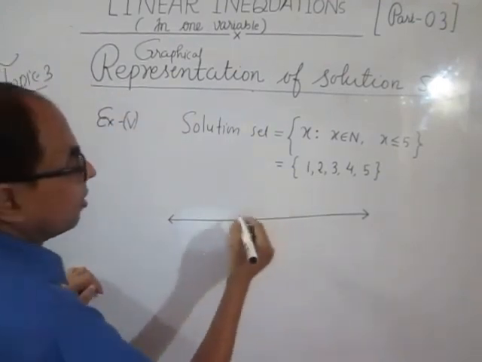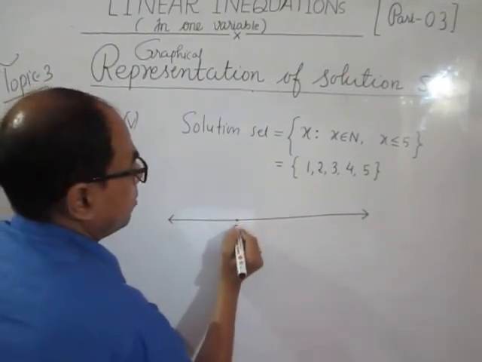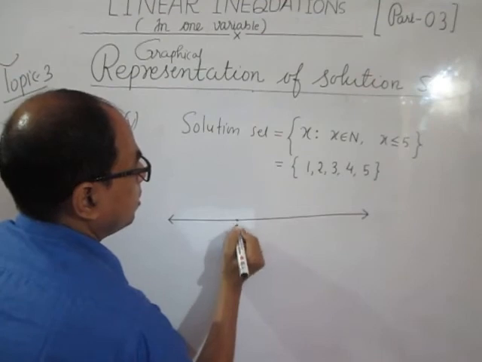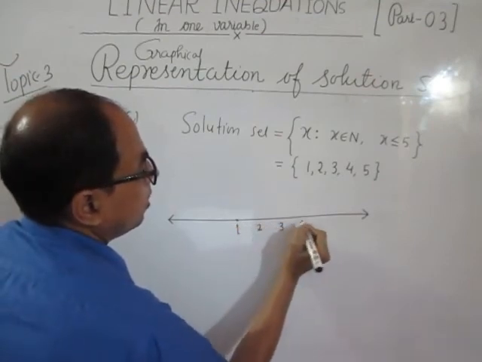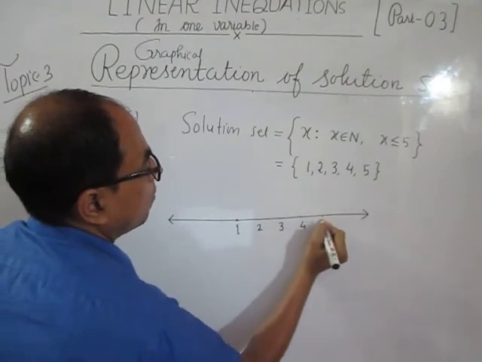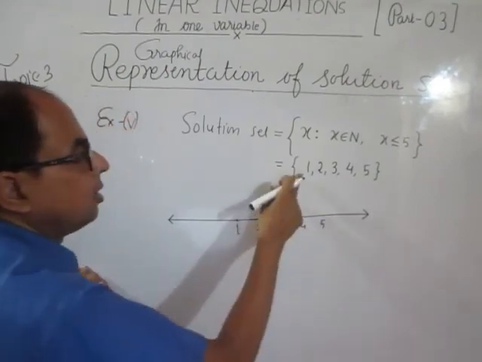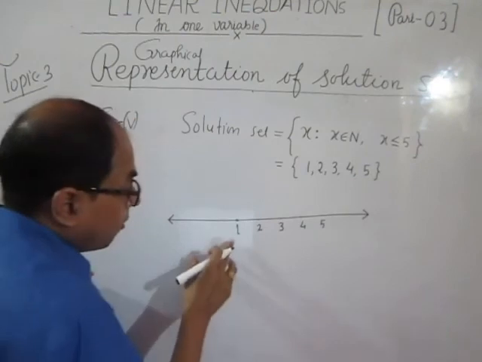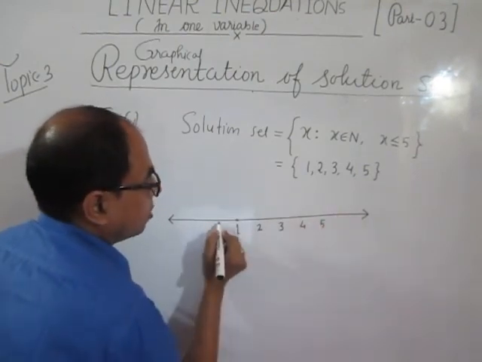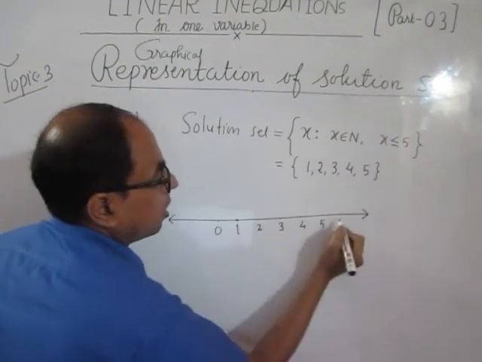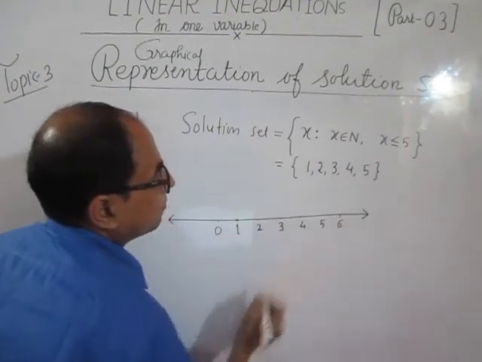So we will write here 1, 2, 3, 4, 5. This is the least number, this is the greatest number. Now we have to write at least one number this side and at least one number that side. So we will write here 0, we will write here 6.